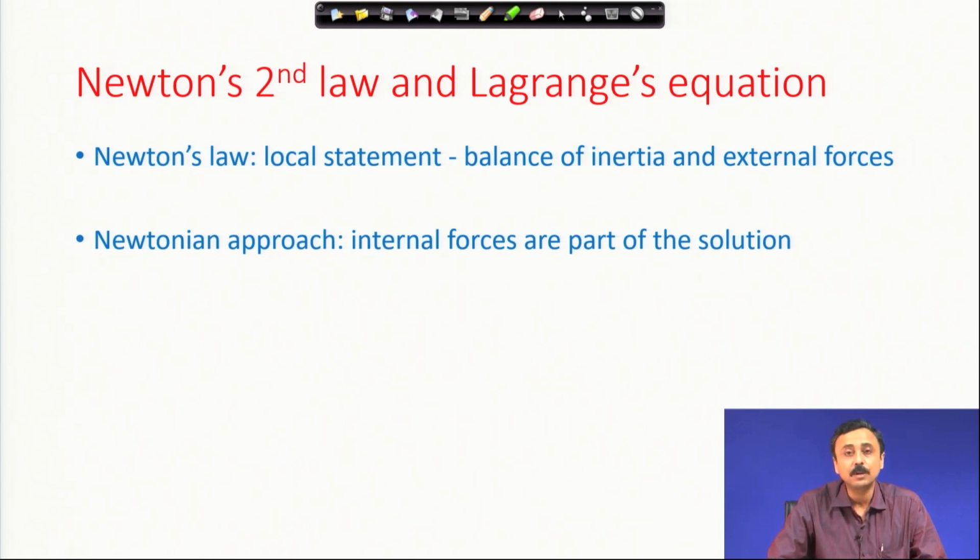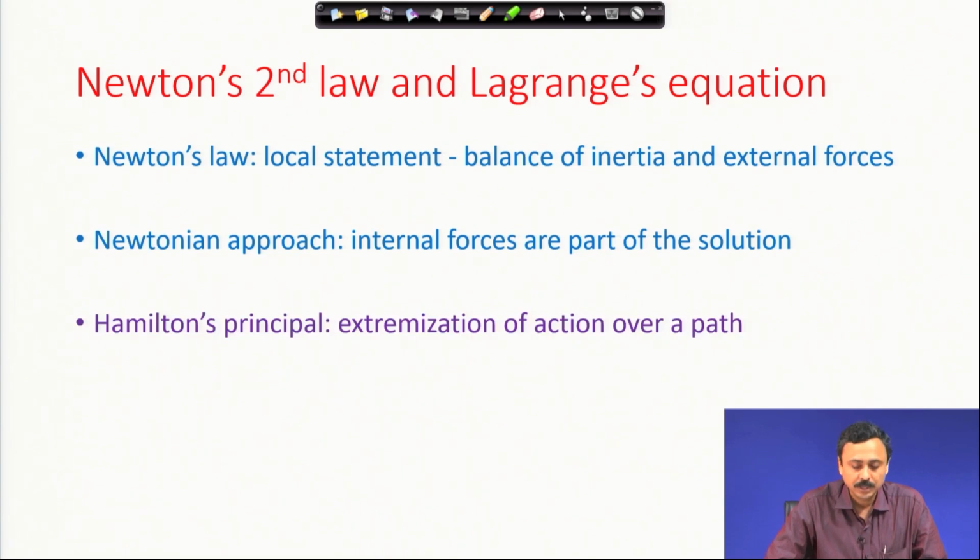Therefore, internal forces are part of the solution. Every time we discussed the number of equations and the number of unknowns. These unknowns had not only accelerations or their integrals, but also the forces, the internal forces. So, that was the Newtonian approach.